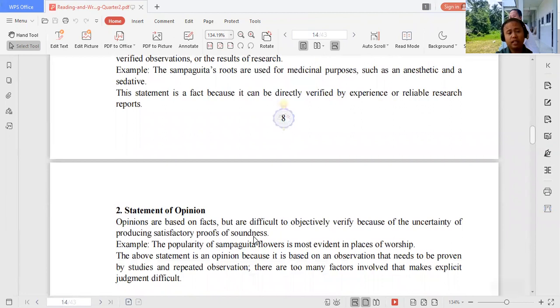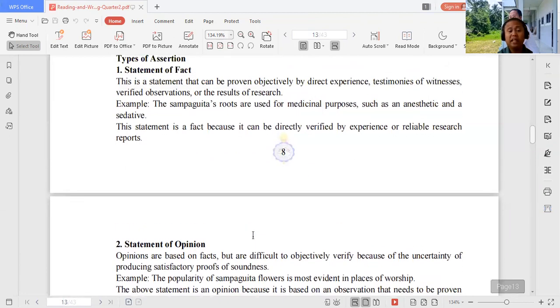How about opinion? Opinions are based on facts, but are difficult to objectively verify because of the uncertainty of producing satisfactory proofs of soundness. Example, the popularity of Sampaguita flowers is most evident in places of worship.